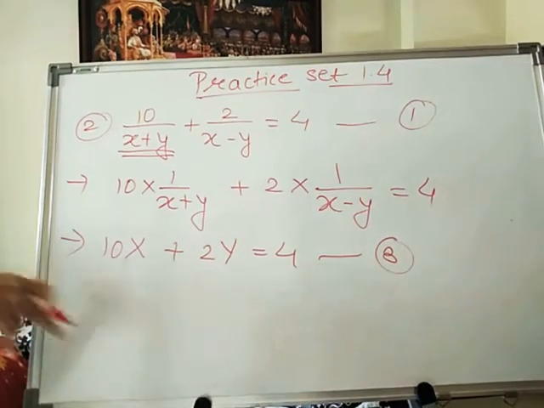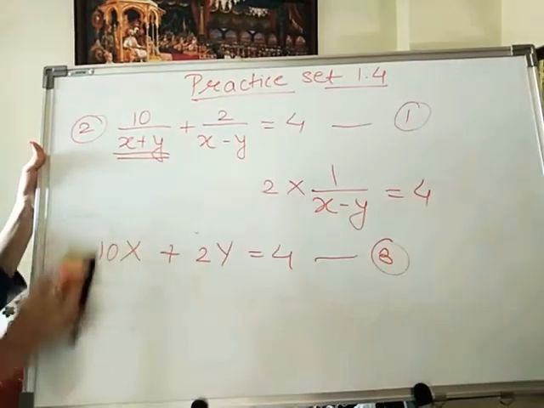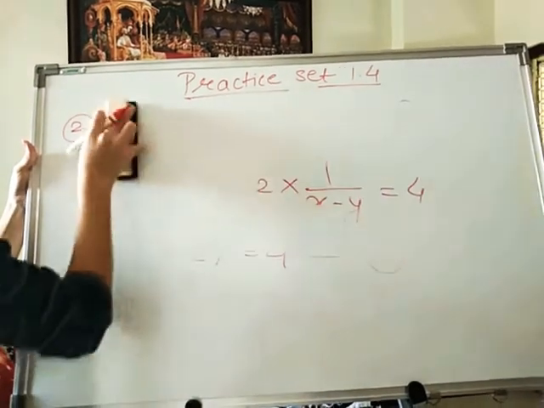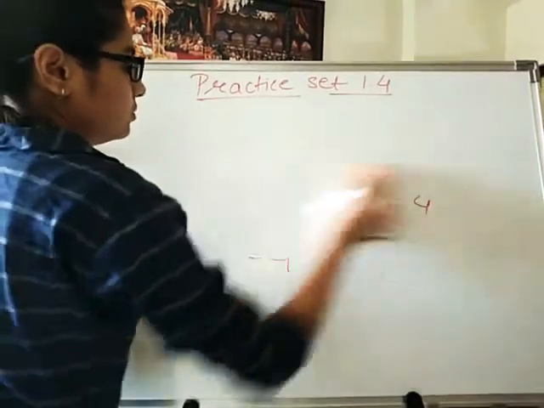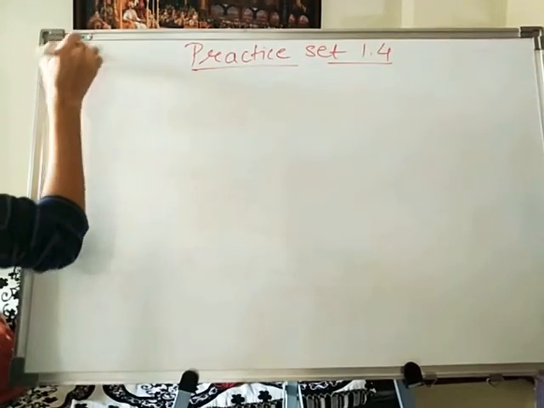In the same way, you are going to convert the second equation. Remember this equation? I am rubbing this out, even the first equation. This is the second sum. I am writing here in the corner.